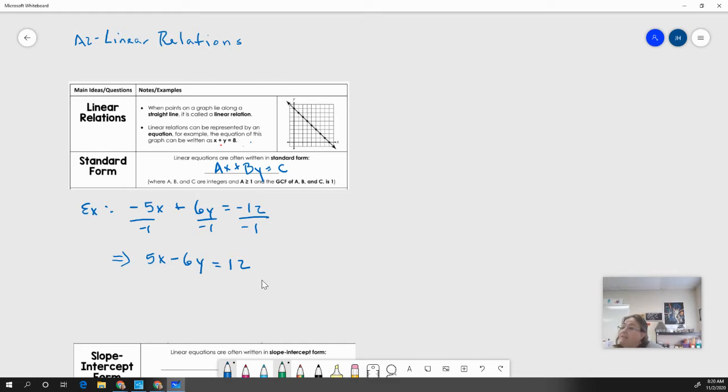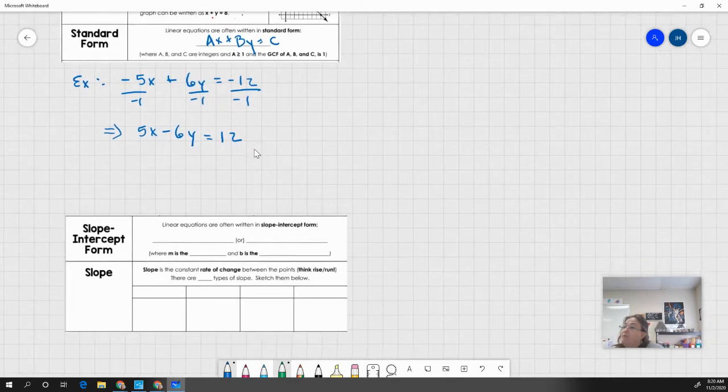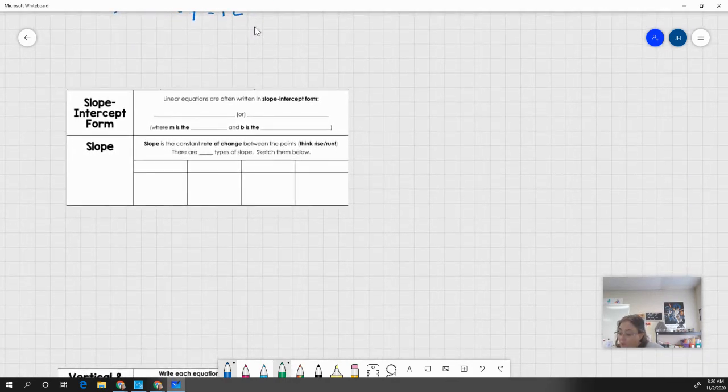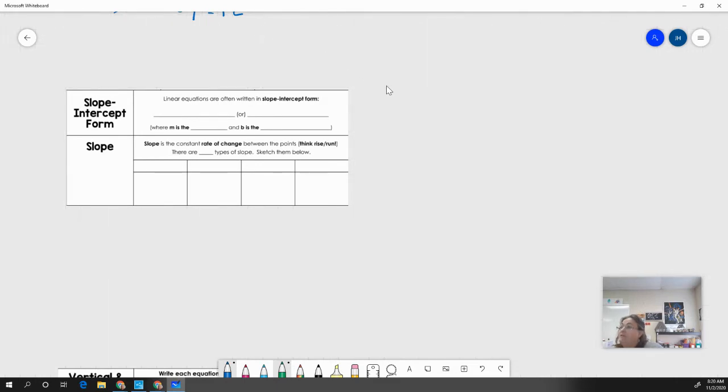More often than not, we're not going to deal with things in the standard form. We like this next form a whole lot better as far as what we can work with. And you guys should be pretty familiar with this. It's what we call the slope-intercept form of the equation. You guys will hear it all the time, y equals mx plus b. Or in function notation, you would see it as f of x equals mx plus b, right?